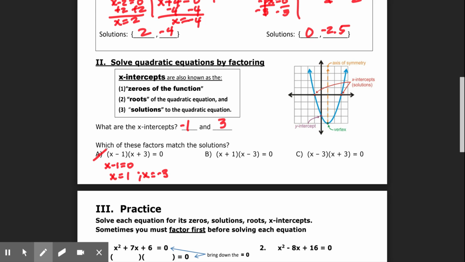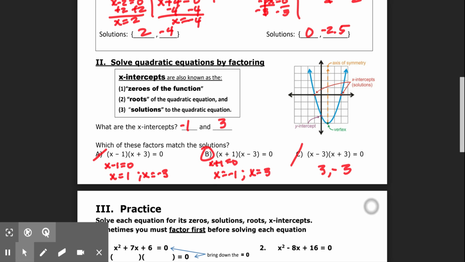Here we have x plus 1 equals 0. So we subtract 1, and we're going to get a -1. And then x minus 3 equals 0. So we're going to get x is equal to a positive 3, which is what we need. So this is what our factors will look like. The x-intercepts will be opposite of what you see inside the parentheses. And this would be a positive 3 and a -3, which is not what we want.